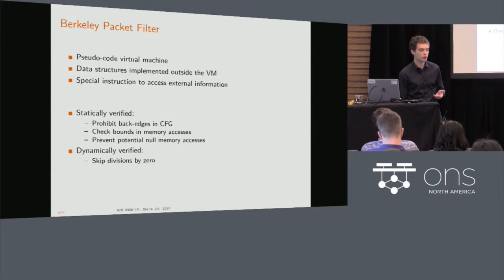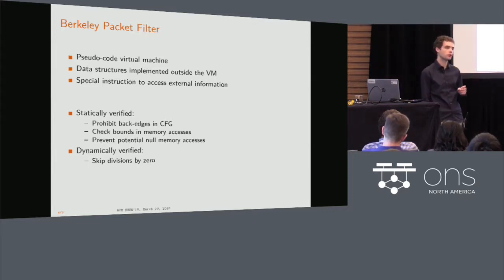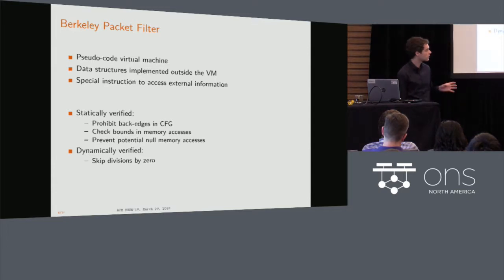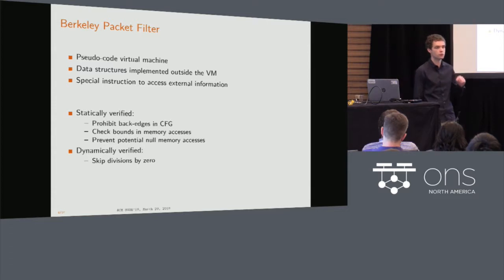It also checks memory accesses, such as the bounds of your memory accesses, and null dereferences, for instance, and a number of other things. Then there are a few verifications at runtime, such as ensuring that you don't have divisions by 0 in your program. In the latest versions of BPF in the Linux kernel, you don't have any more verifications at runtime, because you don't have loops, so you can actually verify everything beforehand.